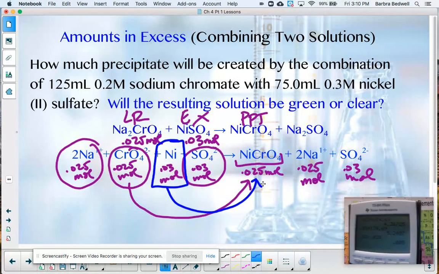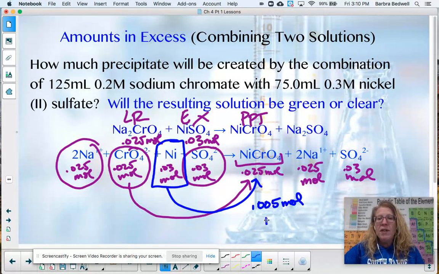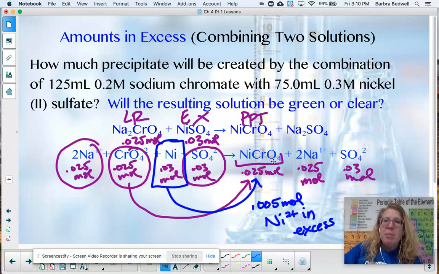And again, I know this is what you guys would do. That means that there's 0.005 moles of nickel, Ni2+, in excess. Left over. It's still there. It's still present, okay? Most of it gets bound up in here, but there's still just a little bit of it left over. Again, we didn't use it all.